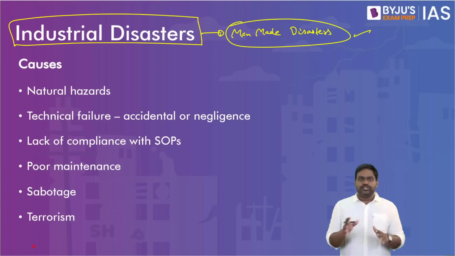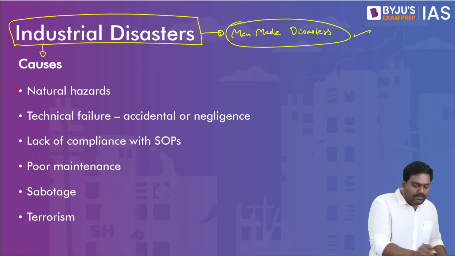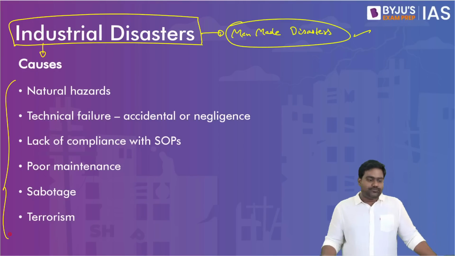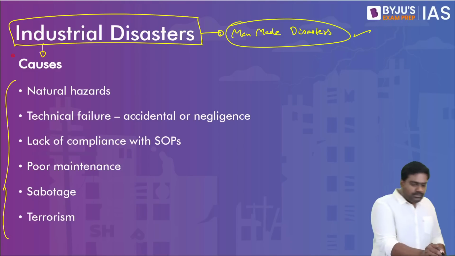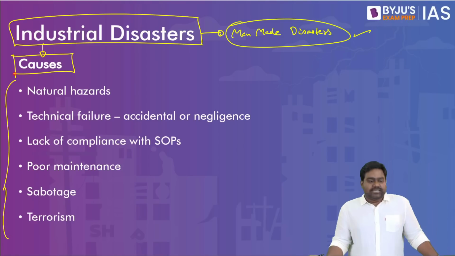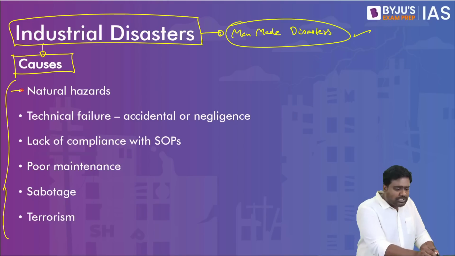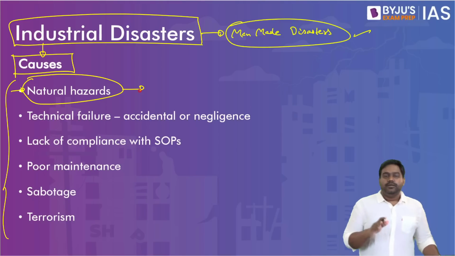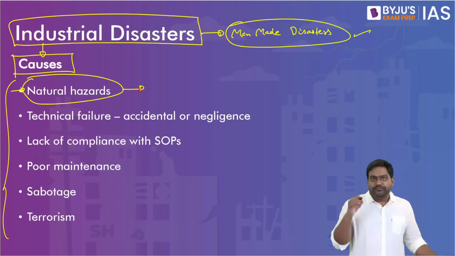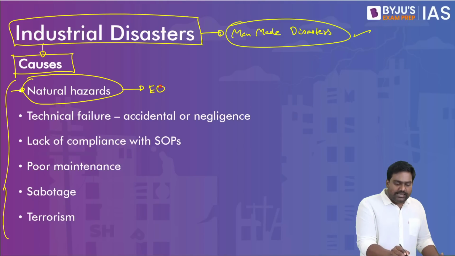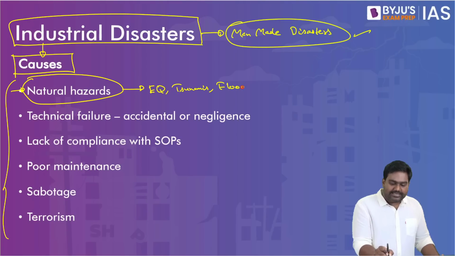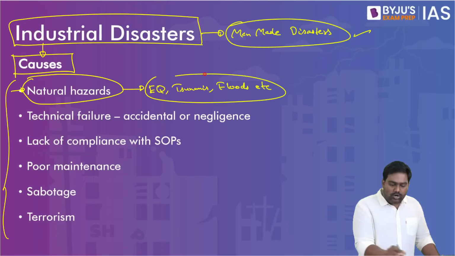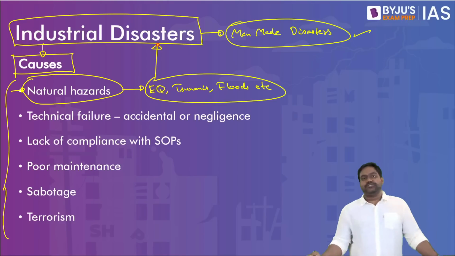I'll just give you an introduction to industrial disasters. Maybe we can talk about the causes for industrial disasters and then we can wrap up for today. With regard to industrial accidents, disasters, etc., there could be natural causes responsible as well. Right? We've already studied this. If you remember, I kept pointing out under every disaster that disasters like earthquakes, tsunamis, floods, etc., can all cause industrial disasters.